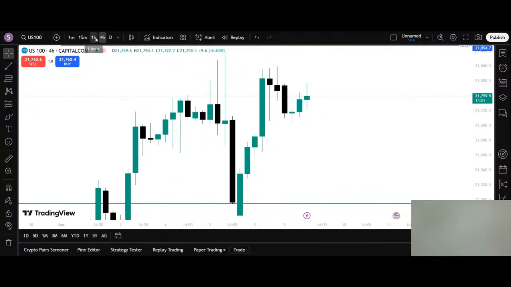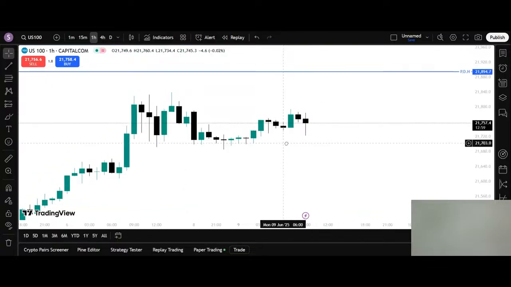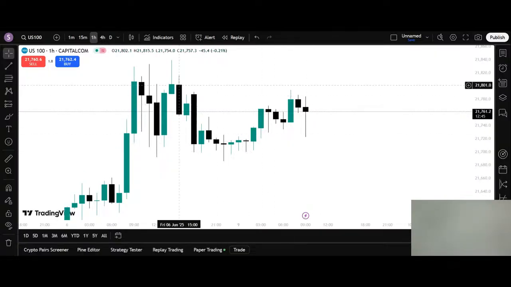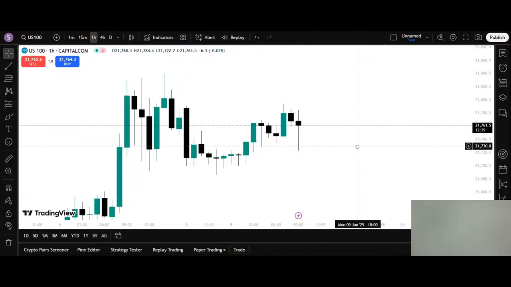Let's drop down to the 1 hour. As you can see in the 1 hour, price has taken the sell side liquidity over here.